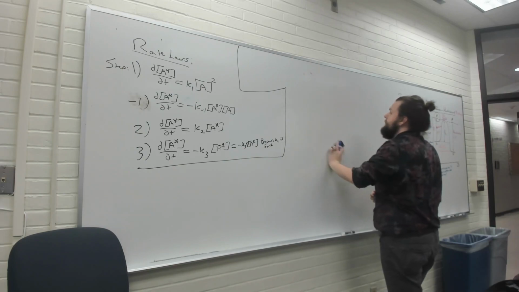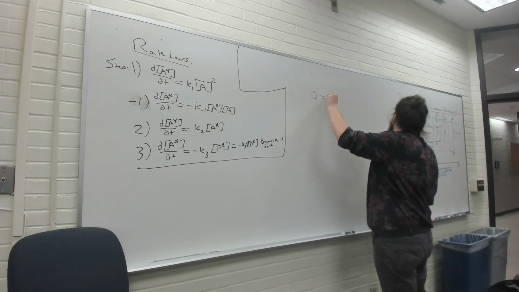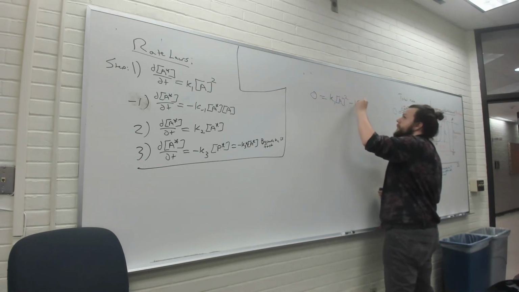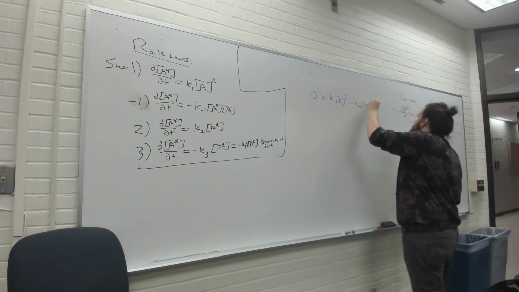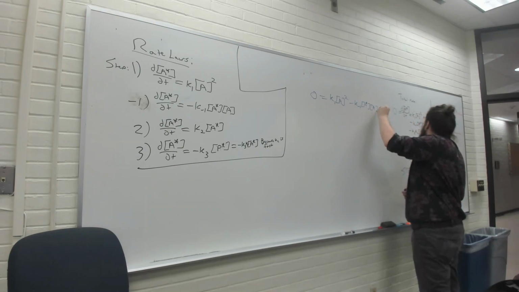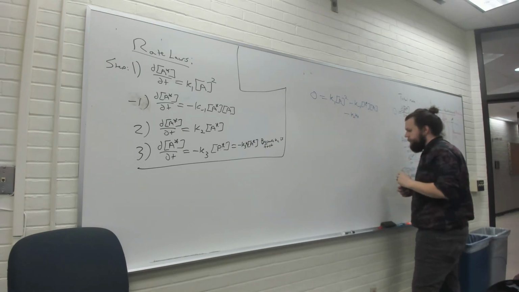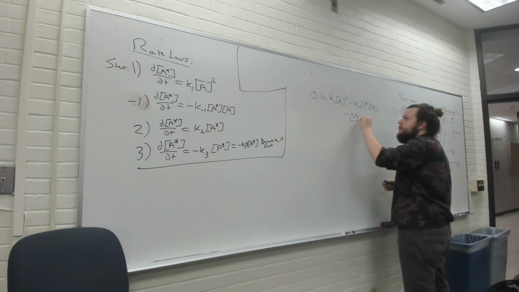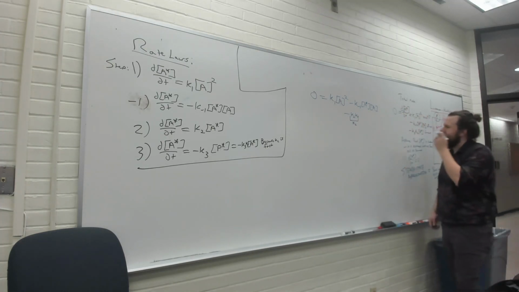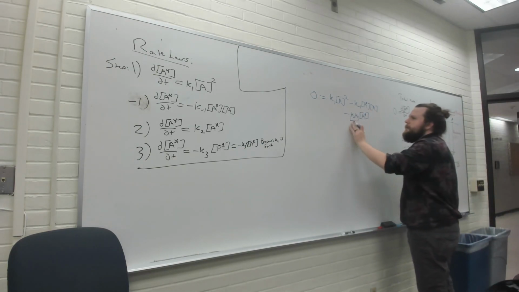I'll just rewrite the equation on the board. So we have 0 equals K1 A squared minus K minus 1 A star A minus K2 A star. I'm going to call this big K2, so I don't have to keep writing it.